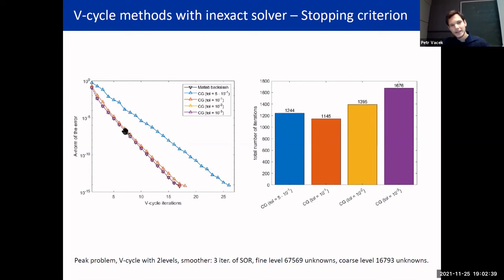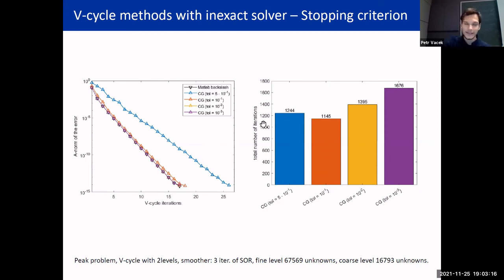So we have a method with an inexact solver, which is slower than a method with an exact solver in the beginning. But in the end, it needs to do only 1 additional iteration than the method with the exact solver. And I should have said in the beginning that the methods were stopped when we reached the level of attainable accuracy at the level 10 to minus 14 for this problem.